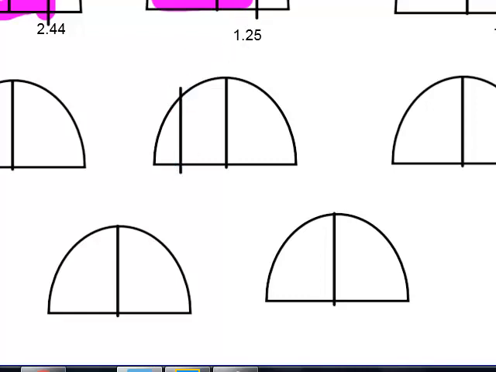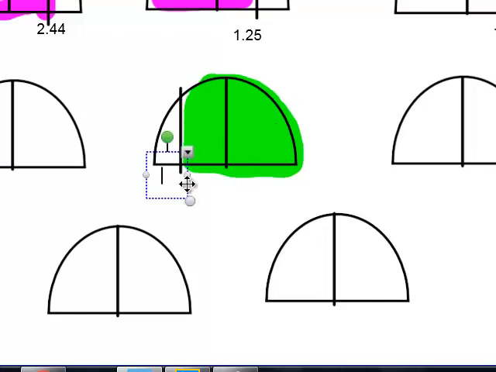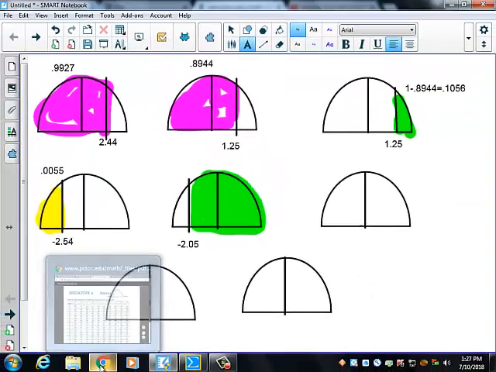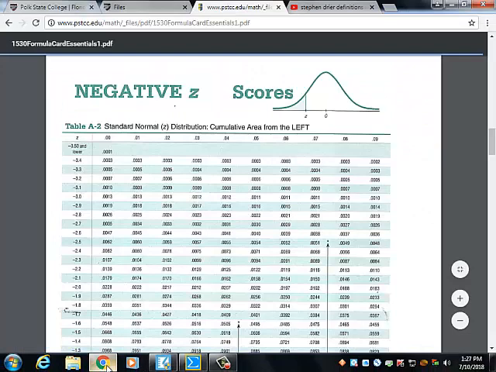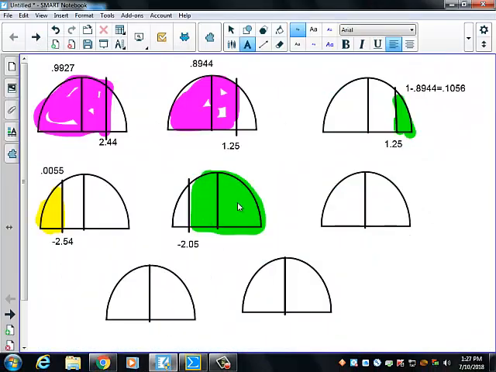Now, if we asked for the area to the right, let's say I was looking for this area where it's a big area. If I'm looking to the area here, and this is negative 2.05, then what you do is you don't go to the negative chart, and the reason why is because this is a big area.